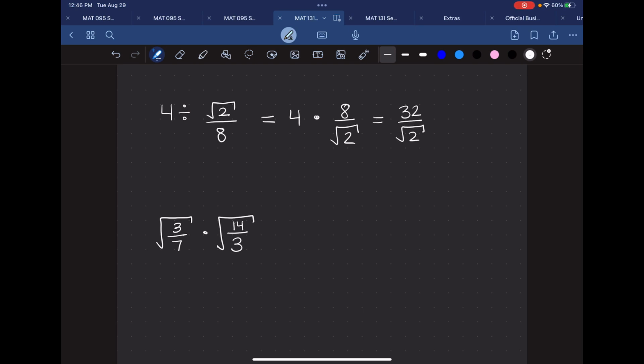And I'm going to rationalize this. So I'm going to multiply by square root 2 over square root 2. In the numerator, I get 32 times square root 2. And in the denominator, I get 2. I can simplify this by doing 32 divided by 2, which gives me 16, and then I have square root 2.